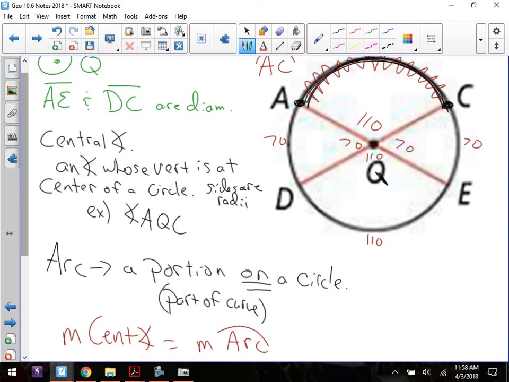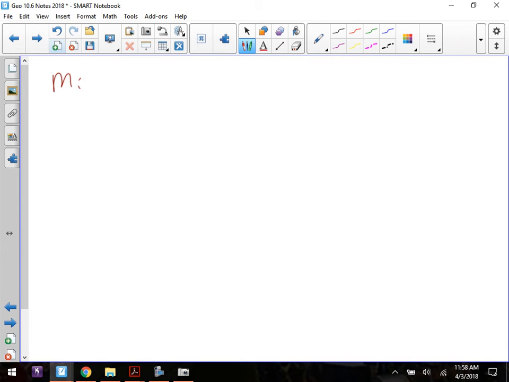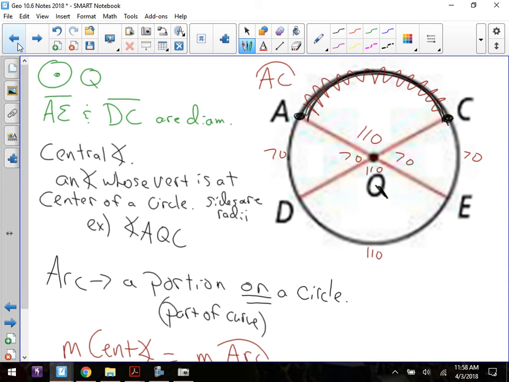We have to define what's called a minor arc and a major arc. These are real easy. Let me grab this picture here real quick.